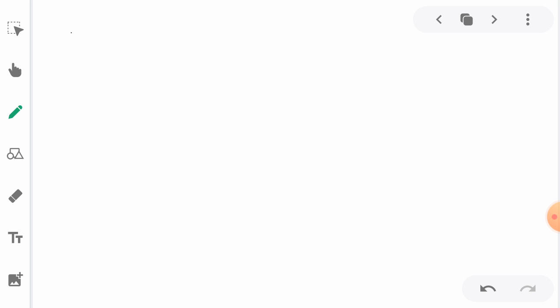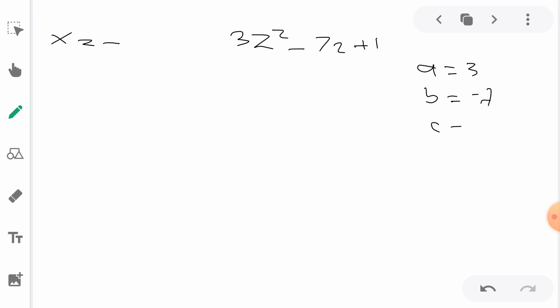So we have x is equal to negative b. Before I go anywhere, we have 3z squared minus 7z plus 1. In this case, our a is 3, our b is negative 7, and our c is 1.